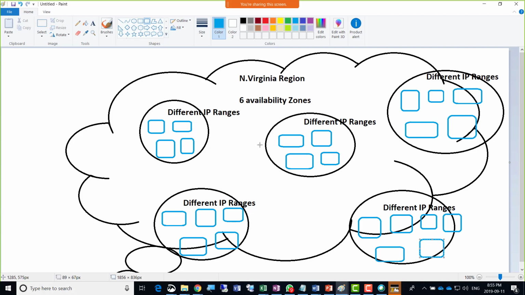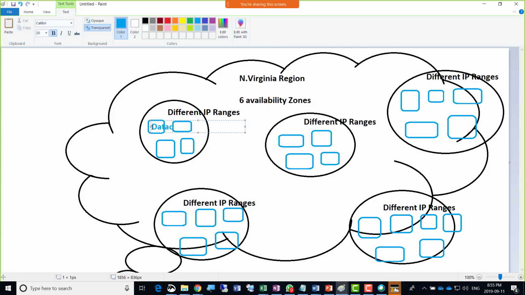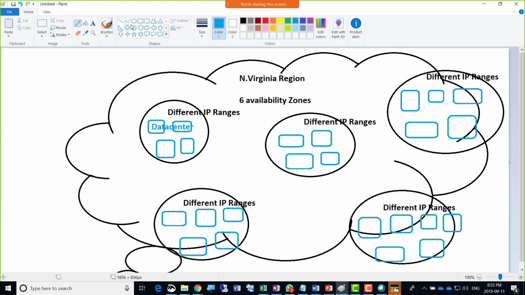Suppose you are creating virtual machines, and these are data centers here. The data centers will have virtual machines, and suppose you create a virtual machine in this availability zone. So Microsoft or AWS will say that, hey, if you're creating that virtual machine here, I'm going to be creating a copy of that virtual machine for you in another availability zone.